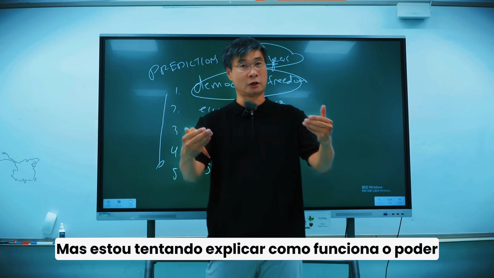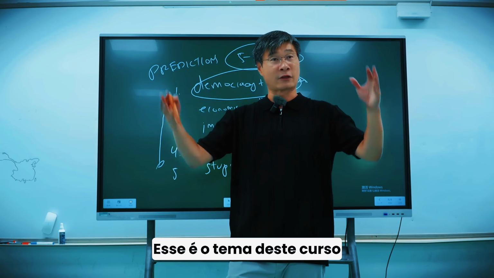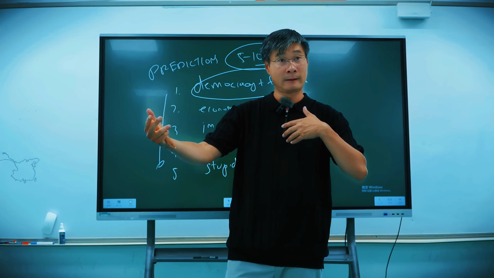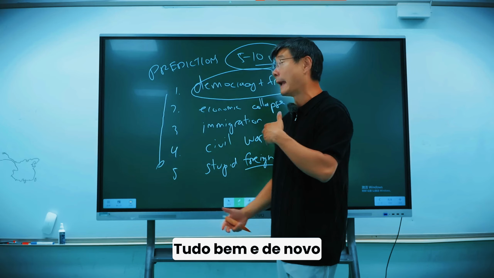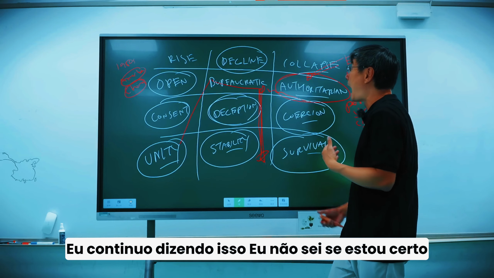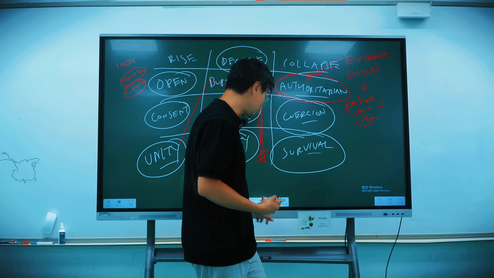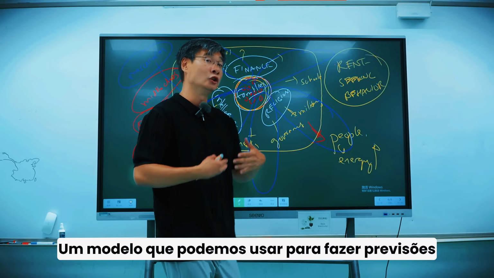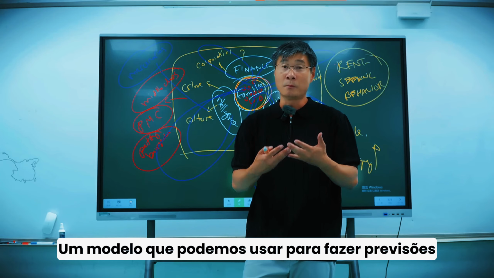But I'm trying to explain to you how power works. That's a theme of this course. I'm trying to explain to you how people in power think and behave. And again, I keep on saying this. I don't know if I'm right. But what I'm doing is I'm presenting a theory, a model that we can use to make predictions.